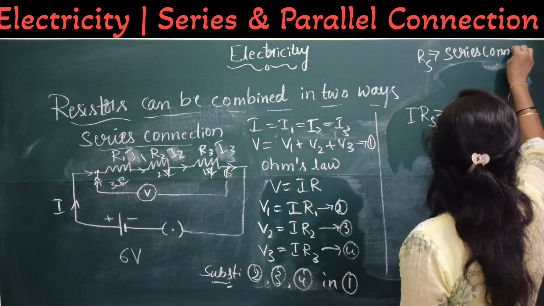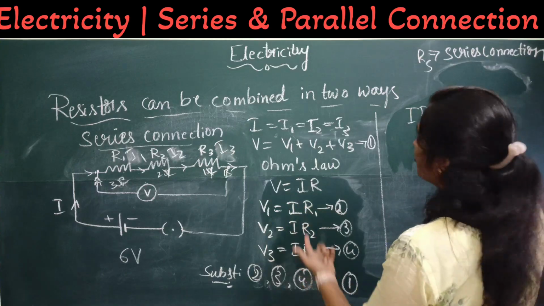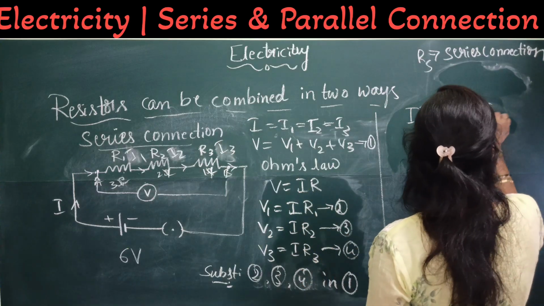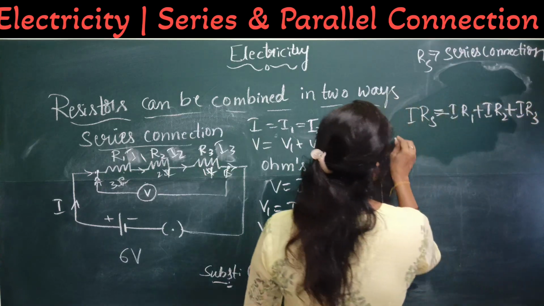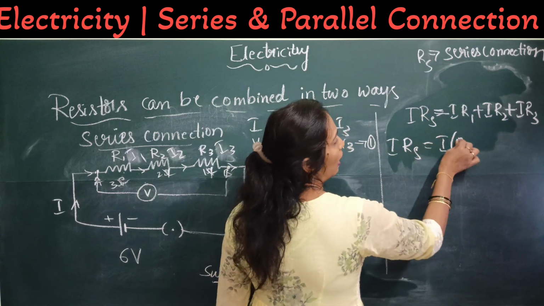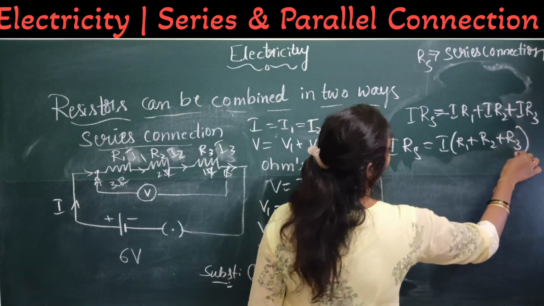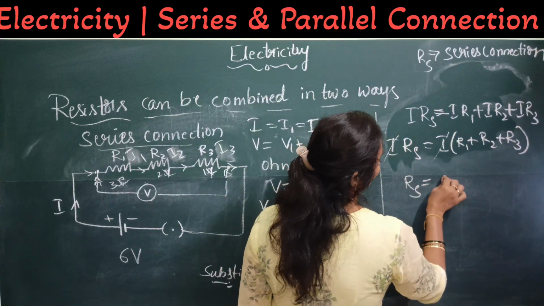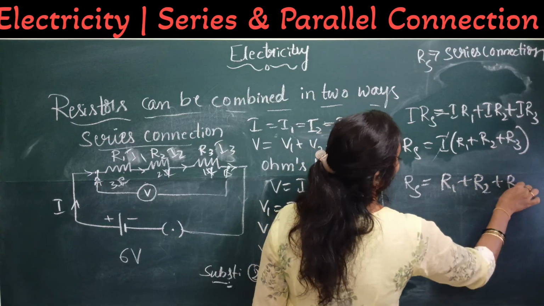So I RS is equal to I R1 plus I R2 plus I R3. Take I common: R1, R2 and R3. Cancel this, and RS is equal to R1 plus R2 plus R3.